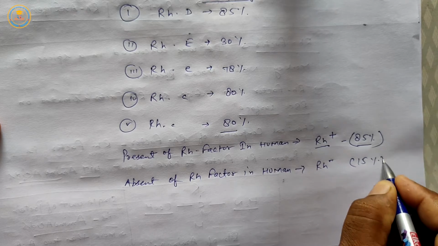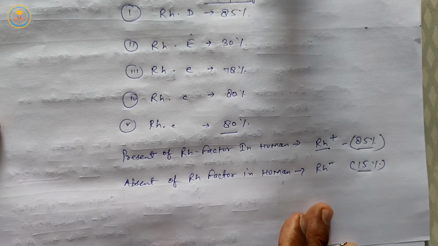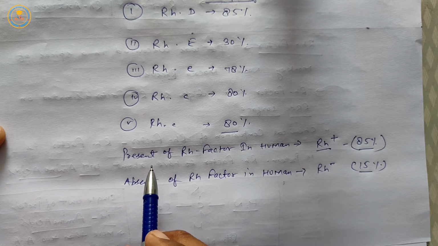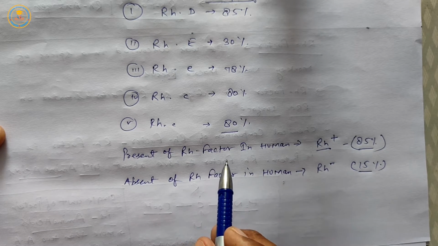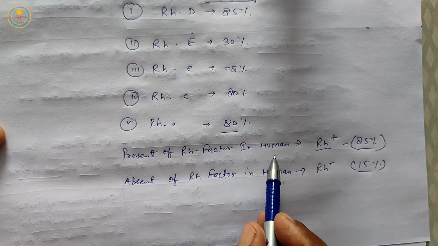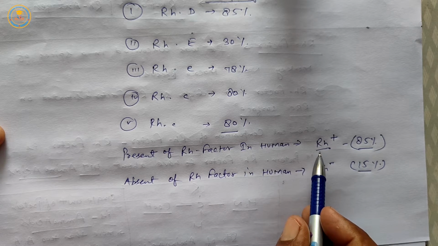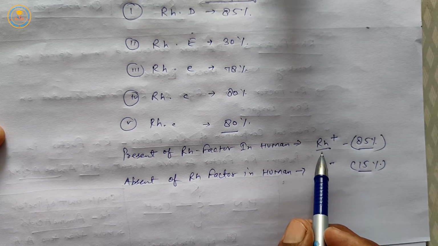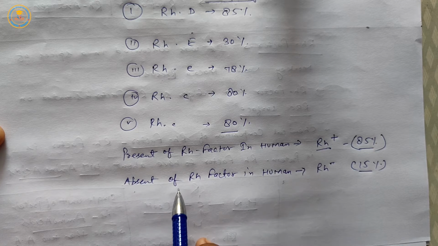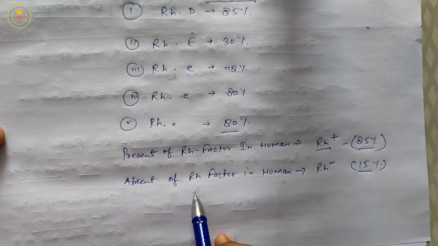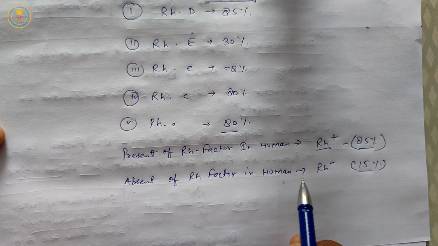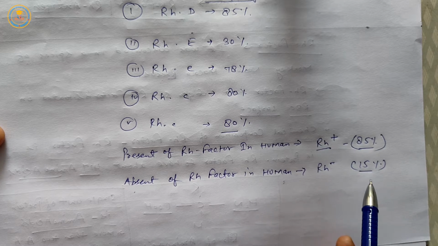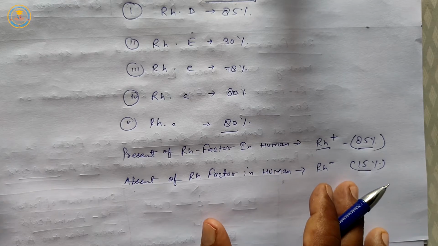Approximately 15% of the population is Rh negative.